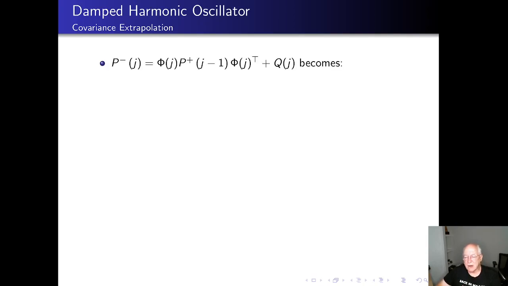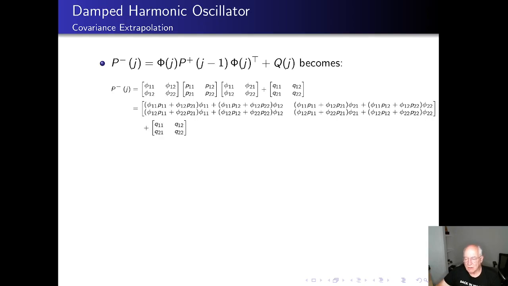Okay, so let's carry out the covariance extrapolation equation. In our two-dimensional case, it looks like this. It's phi P phi transpose plus Q. Carry out the math for the first matrix multiplication, you get something that looks like this.